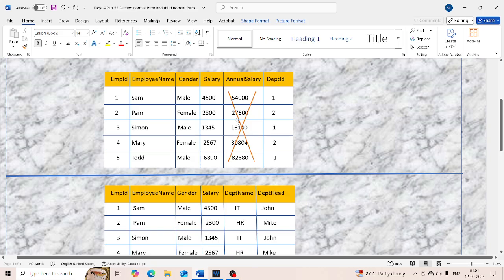But then this does not change. But then this is not fully dependent on the primary key. This annual salary is not fully dependent on the primary key.